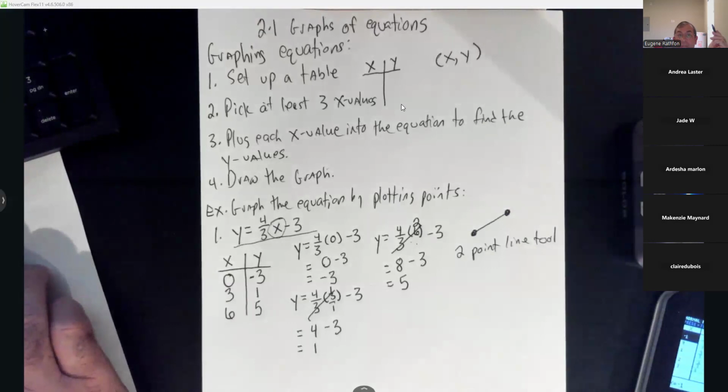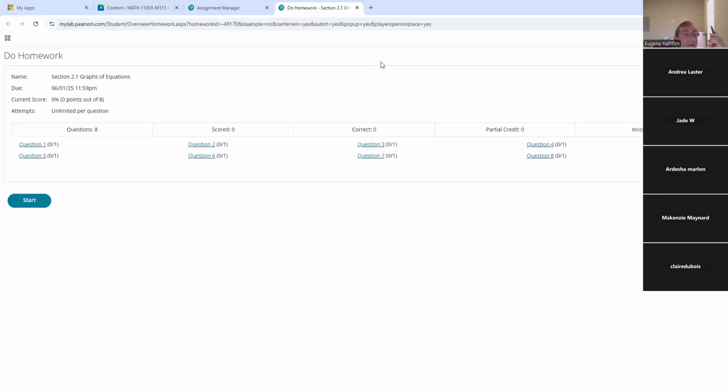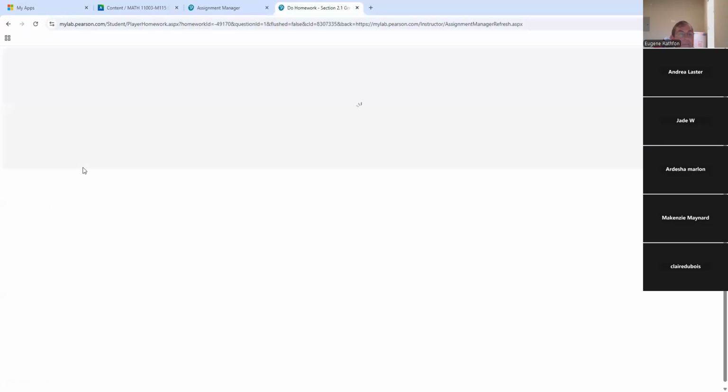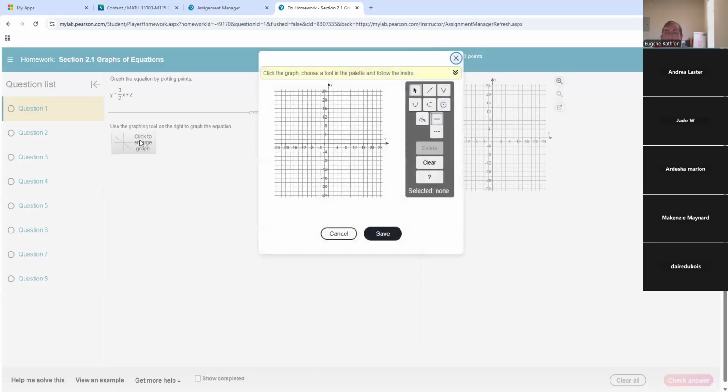Okay, so I'm going to go to MATLAB and show you how to graph these. All right, so this won't be the same problem I'm using, but I'm going to use the numbers we had, okay? So you would click to enlarge graph.